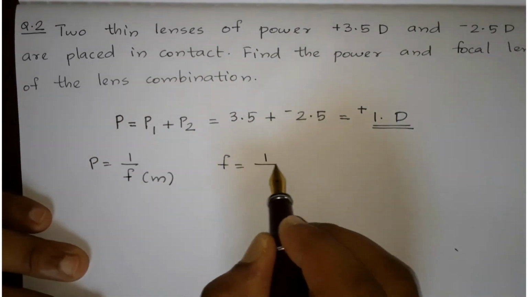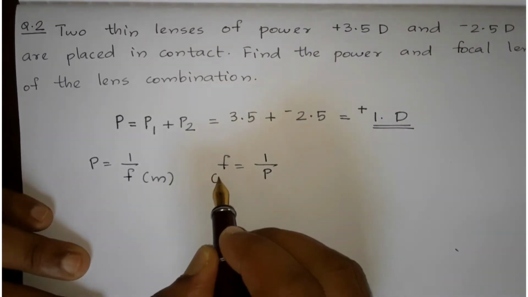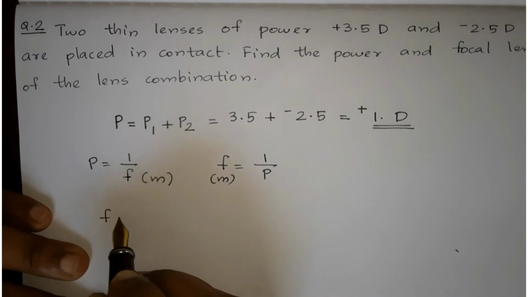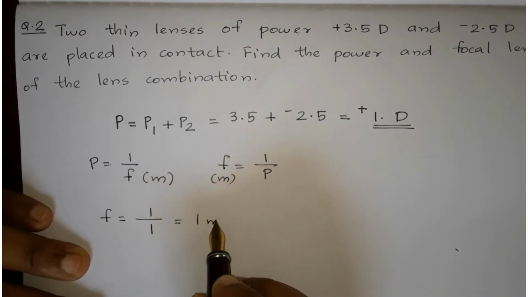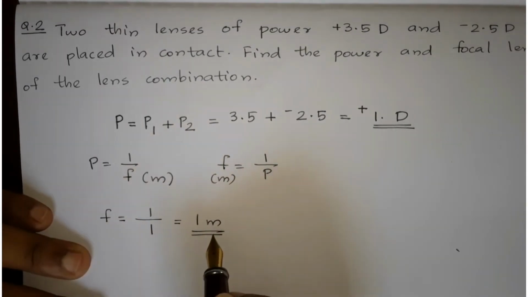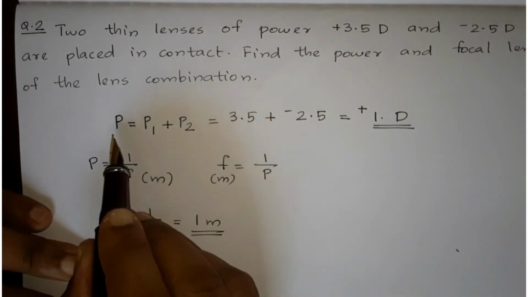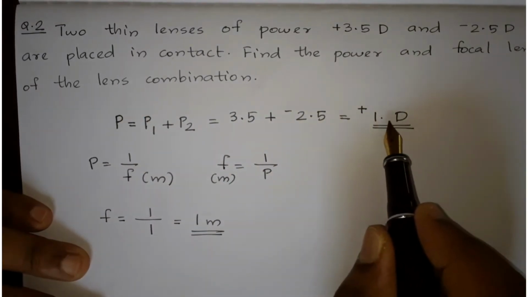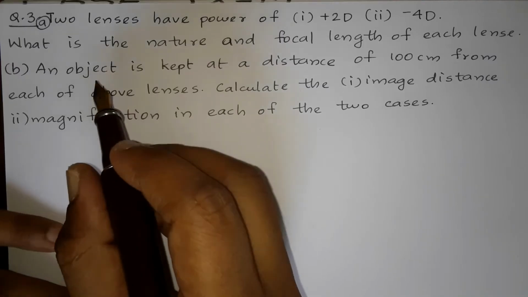So F is equal to 1 by P. Here we will get F in meters. So F is equal to 1 by P. Here it is 1, so this is 1 meter. Focal length is 1 meter and power of the resultant lens is positive 1 diopter.